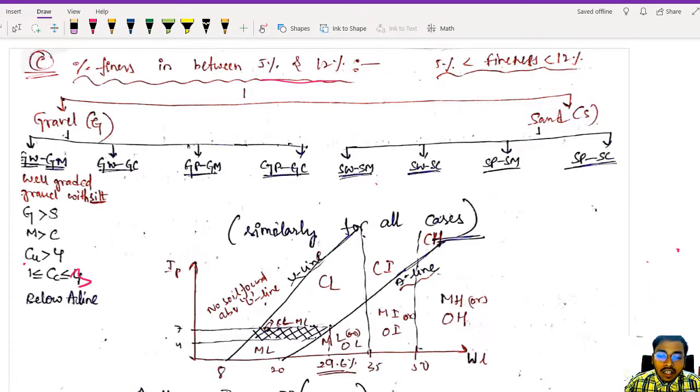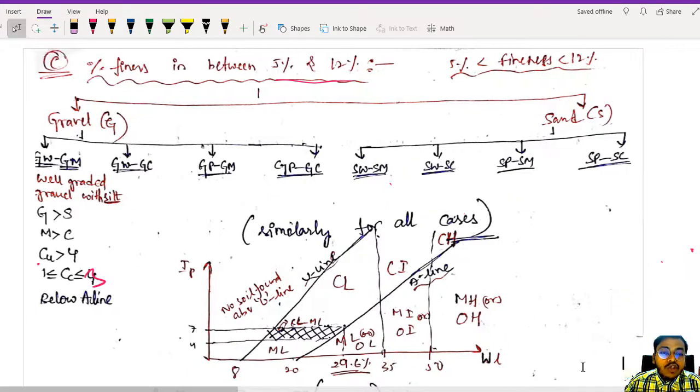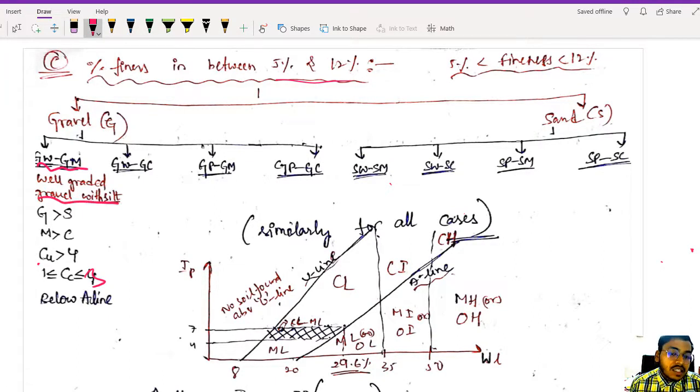Now let us try to see what are the various parameters which you have to meet to get well graded gravel with silt. So first of all, to get gravel, what was our first condition? Our gravel content should be more than sand. Okay, to get silt, our silt content should be more than clay.